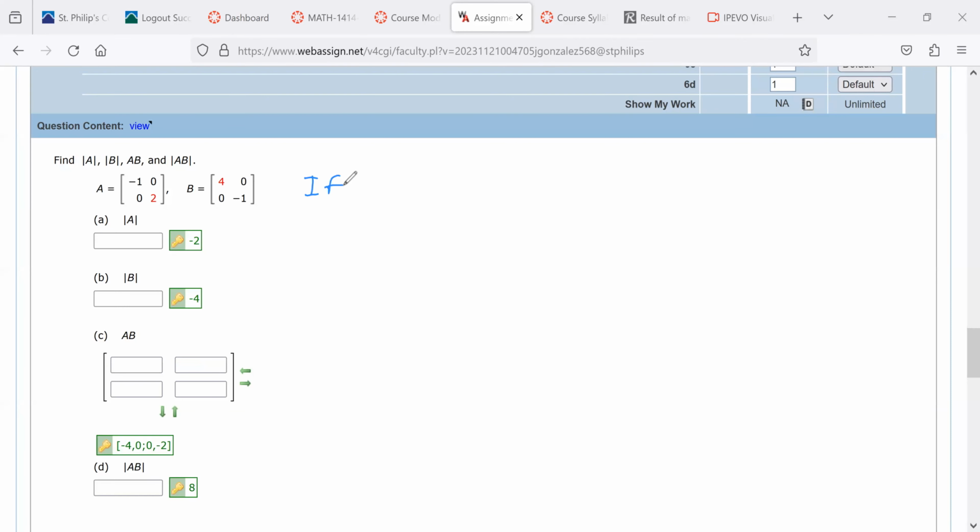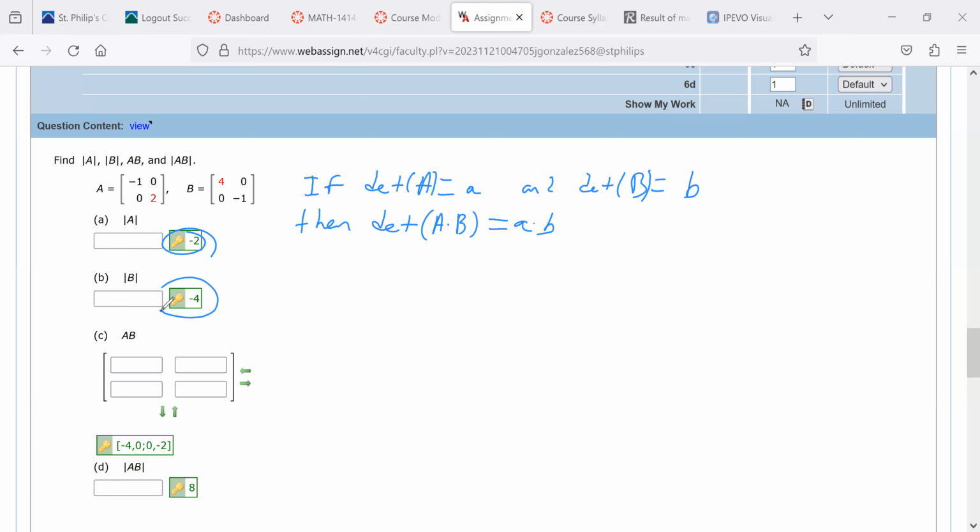If the determinant of A is equal to, say lowercase a, and the determinant of B is equal to lowercase b, then the determinant of A times B would be a times b. So -2 times -4 gives you the 8.